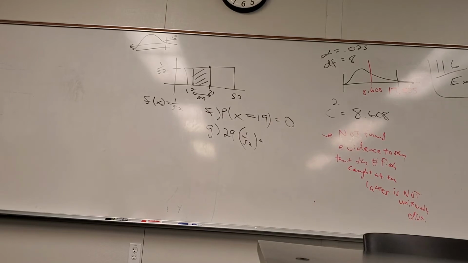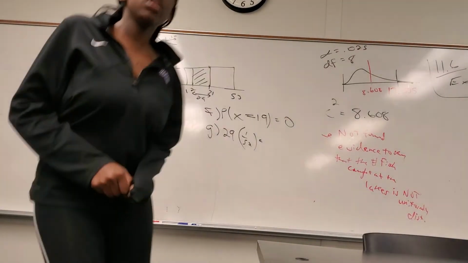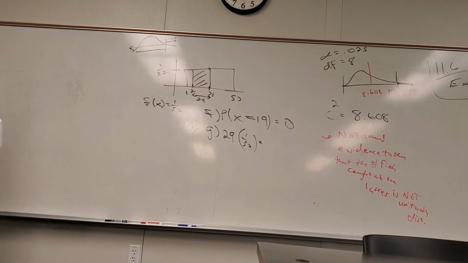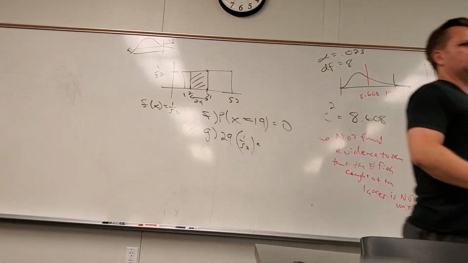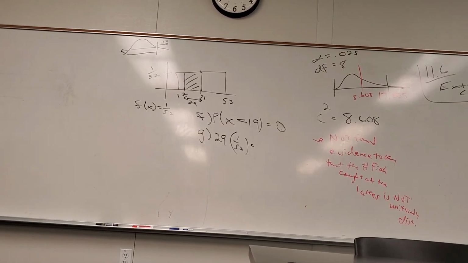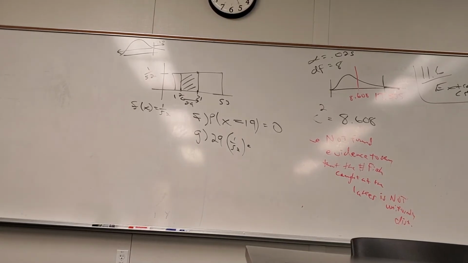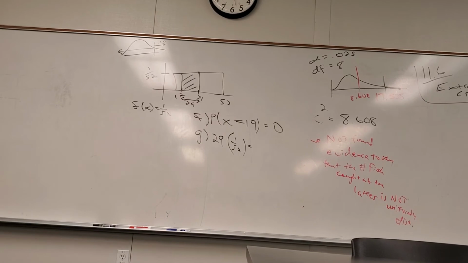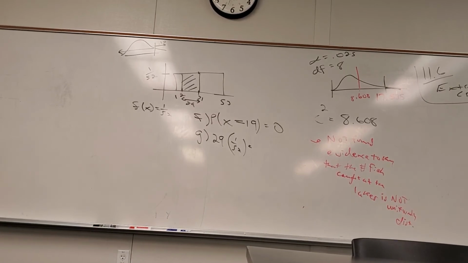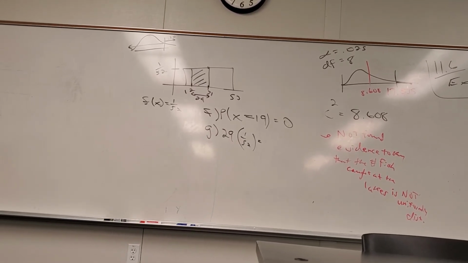There's no way you get that, because 0 is 50%, and negative 0.7 is a little bit below 0. Negative 0.7.